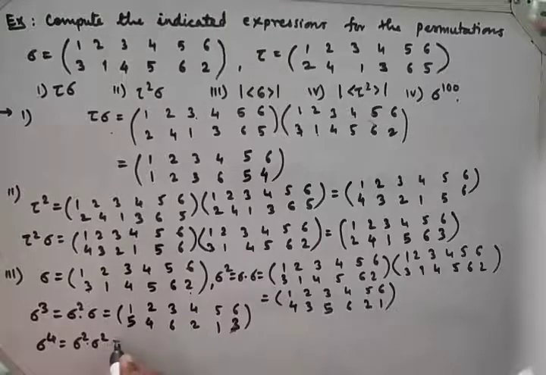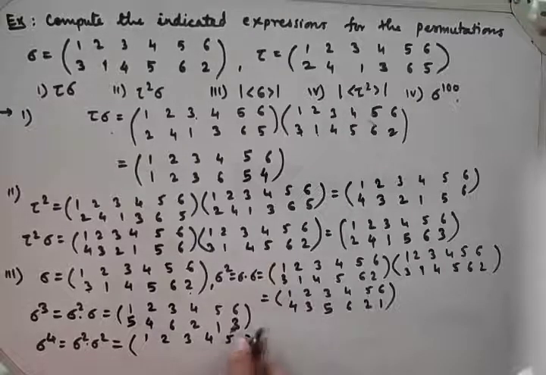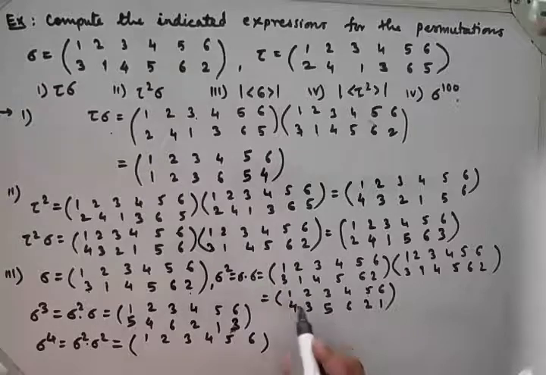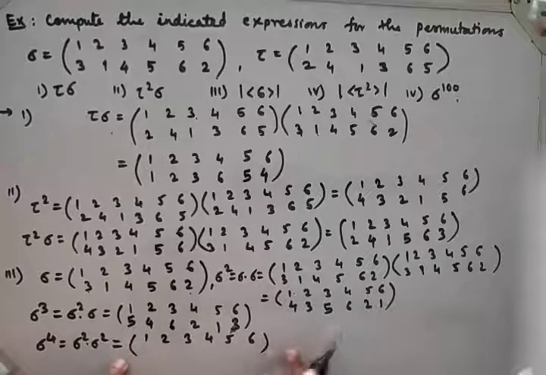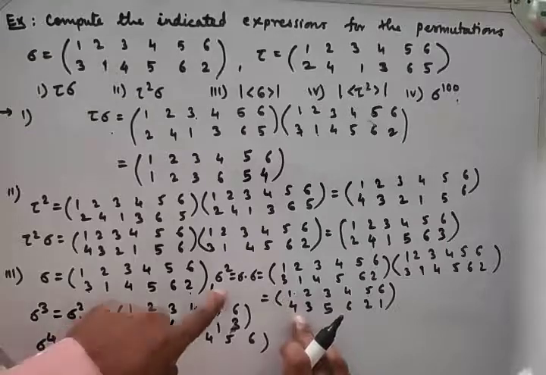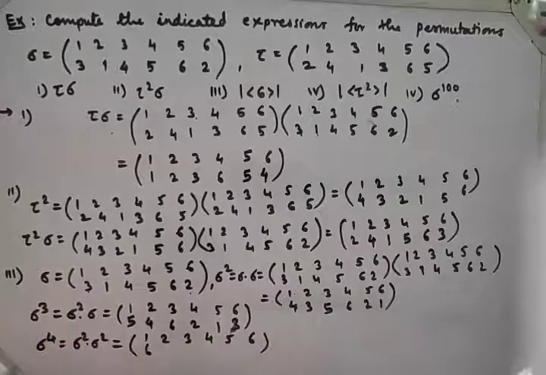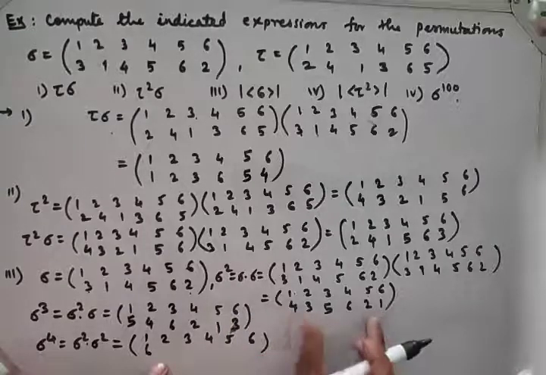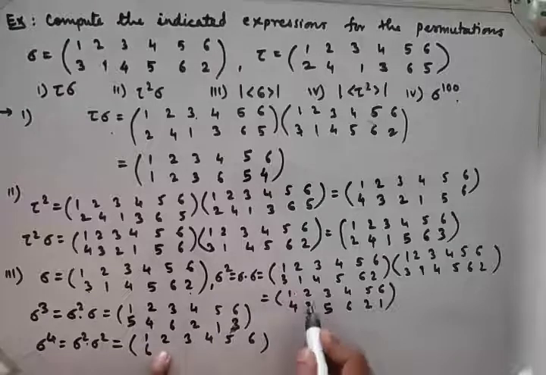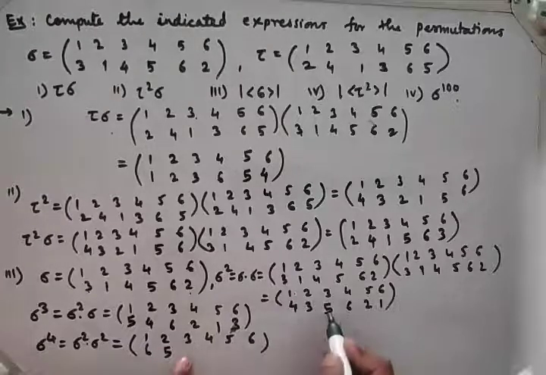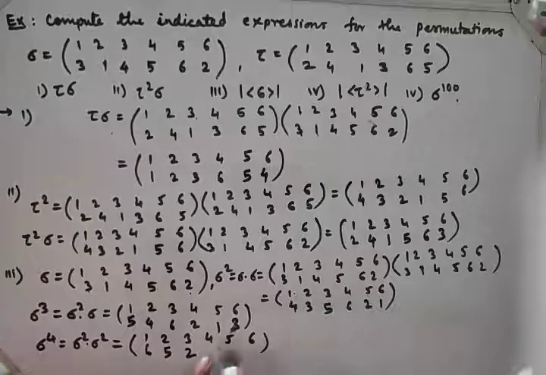Here 1 goes to 4 and 4 goes to 1, both are the same elements, so I will take the operation with only sigma square. 1 goes to 4, 4 goes to 6. 2 goes to 3, 3 goes to 5. 3 goes to 5, 5 goes to 2. 4 goes to 6, 6 goes to 1. 5 goes to 2, 2 goes to 3. 6 goes to 1, 1 goes to 4. So this is again not identity.